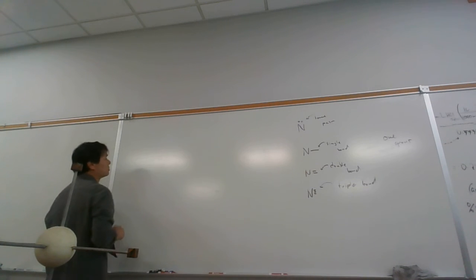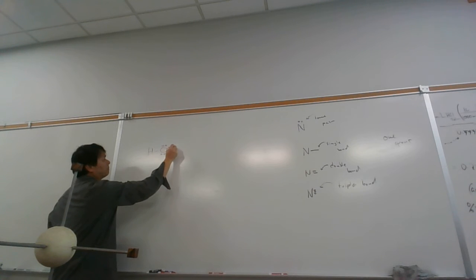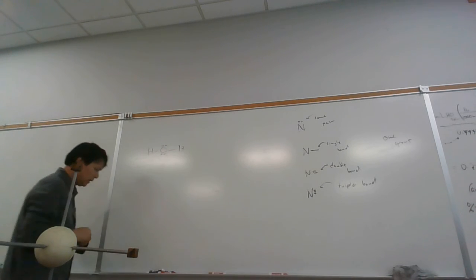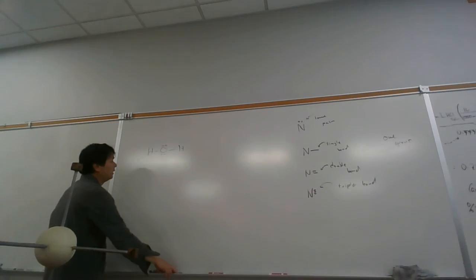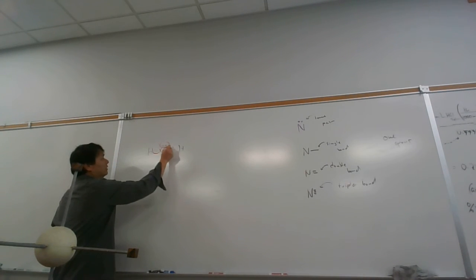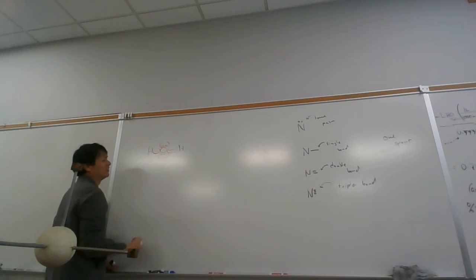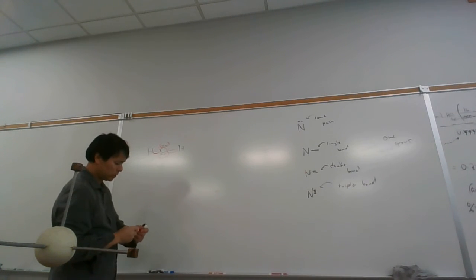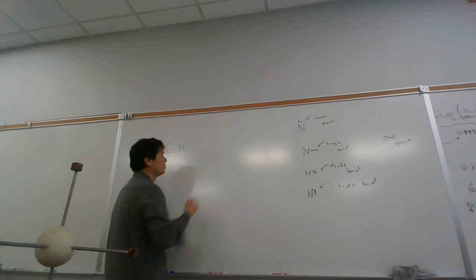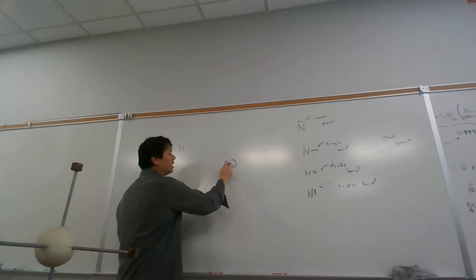So when I draw a structure for water, I can draw like this. And I see I have four groups, so four balloons around this. Two single bond groups, two lone pair groups. In order to minimize the repulsion between those four groups, I want to adopt a tetrahedral geometry around oxygen.